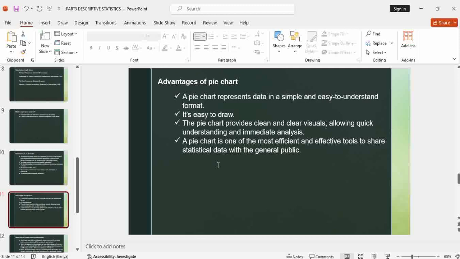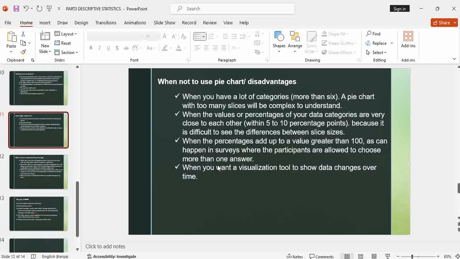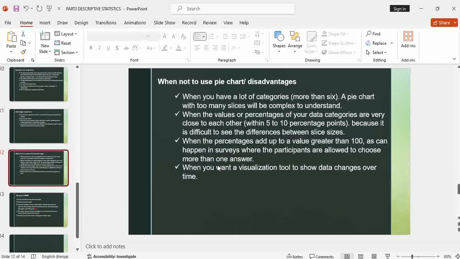Advantages: it is easy and simple to understand. Again, as we have already seen, simple to draw, and it gives a quick analysis of our data, and also can be shared quickly with anyone who has no technical background in data analysis. Right, those are the advantages.